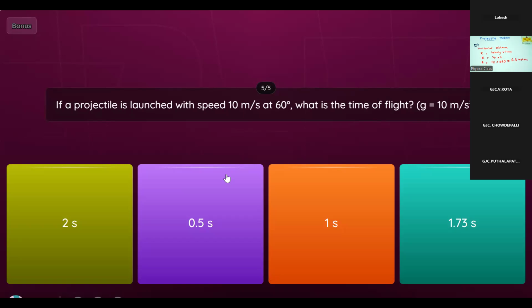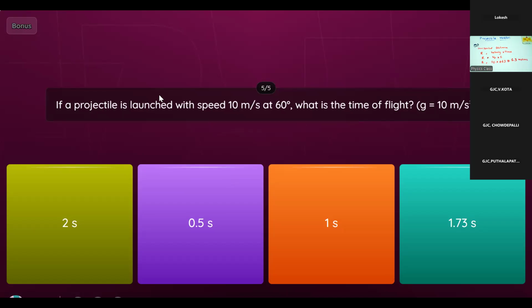What is the value? 2 seconds, 0.5 seconds, 1 second, 1.73 seconds. Okay, another response. Very good.